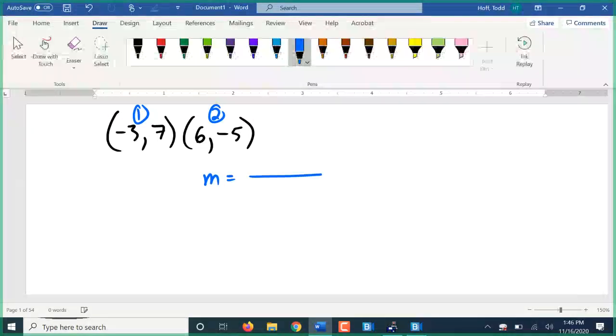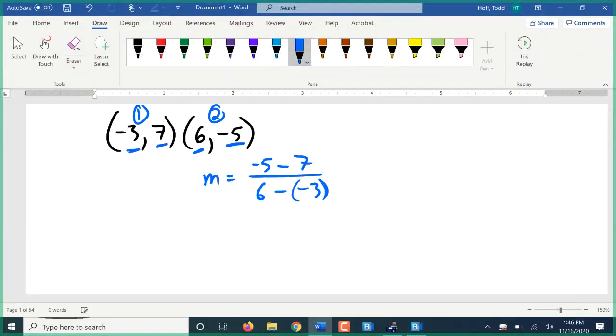I'm just going to use m for slope. Remember, it's y2 minus y1. Well, y2 is the -5, minus y1 is the 7, over x2 minus x1. Remember, x2 is the 6, minus x1 is -3.